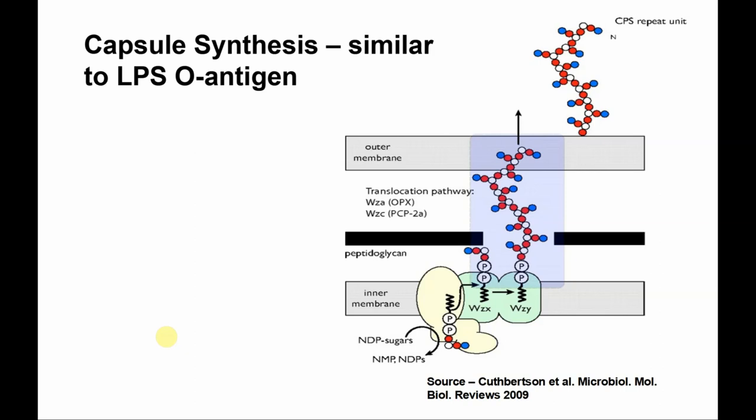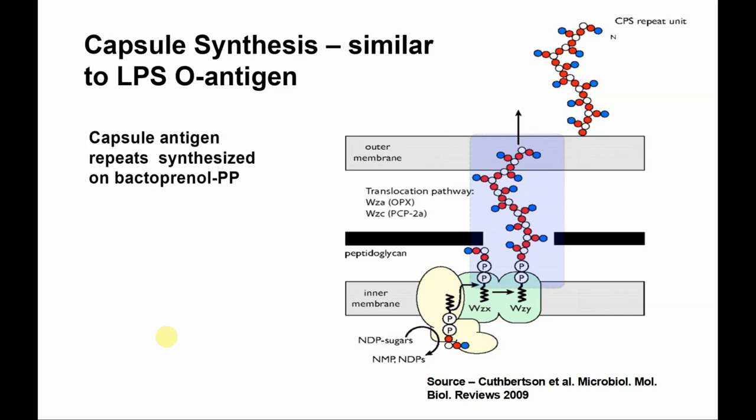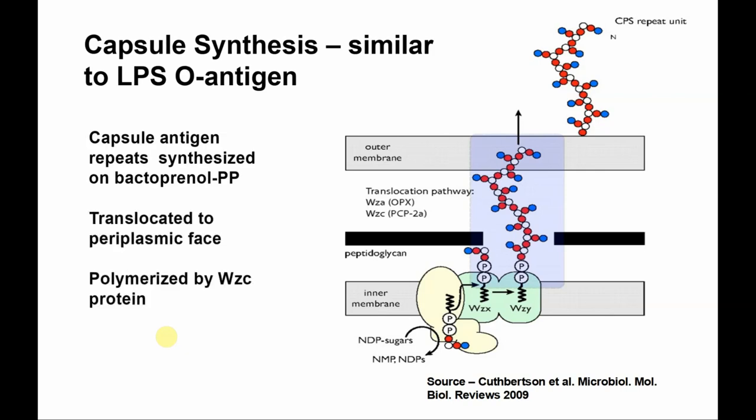There's an enzyme which is going to flip it over, and then a transglycosidase which will attach this subunit to the chain that's being elongated. And then finally, there's a big protein complex which grabs hold of the whole polymer and transports it out to the outside. So the biosynthetic pathway is really quite similar to what we saw for LPS. And it's also a little bit similar to what we saw for peptidoglycan.